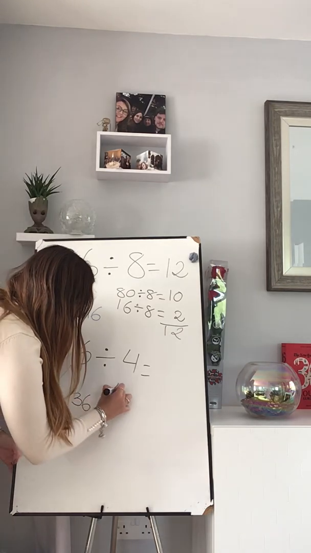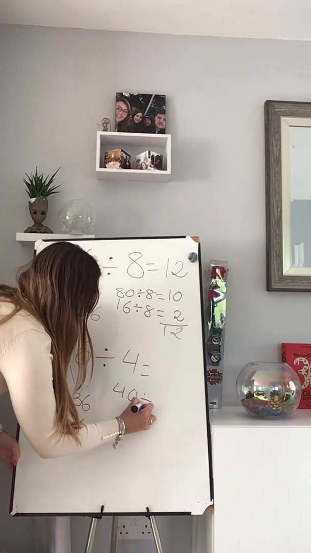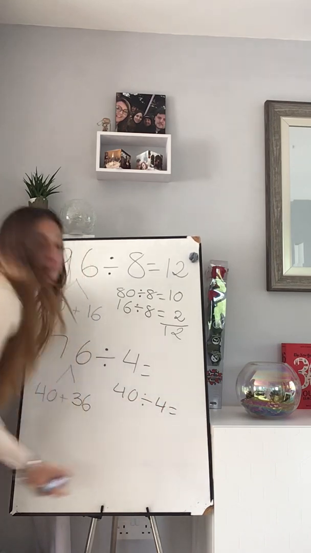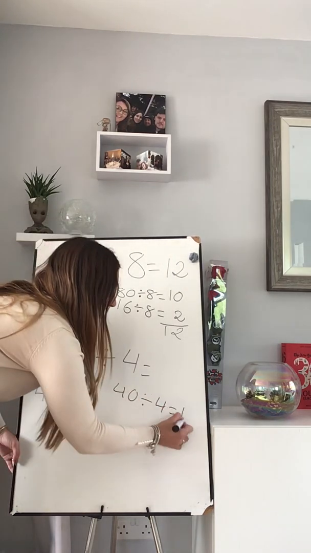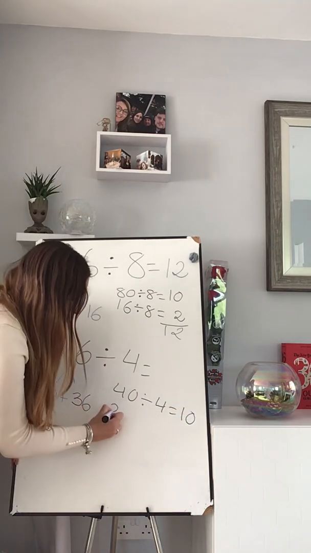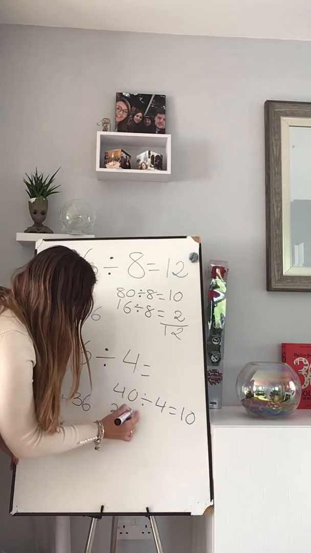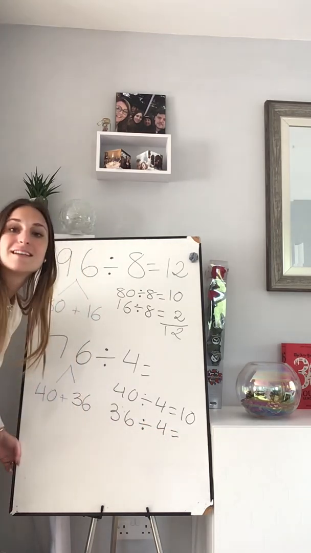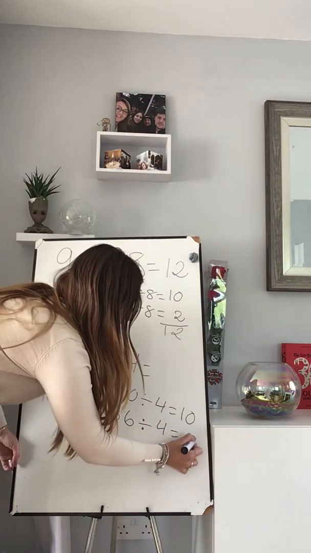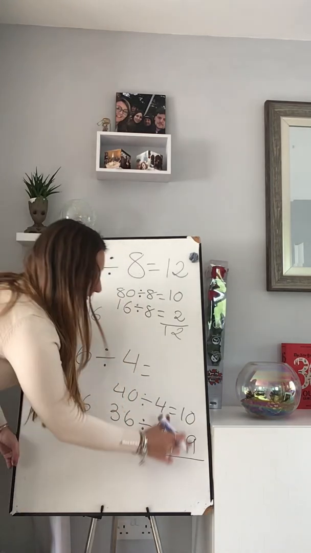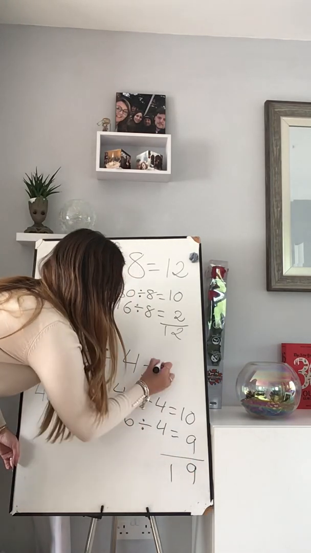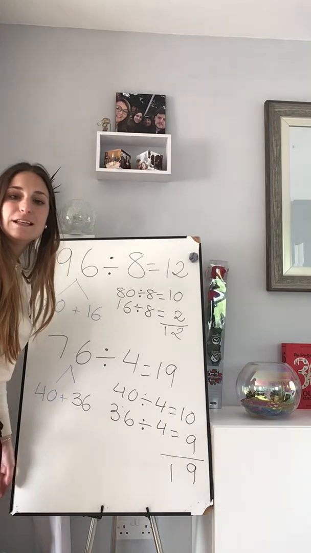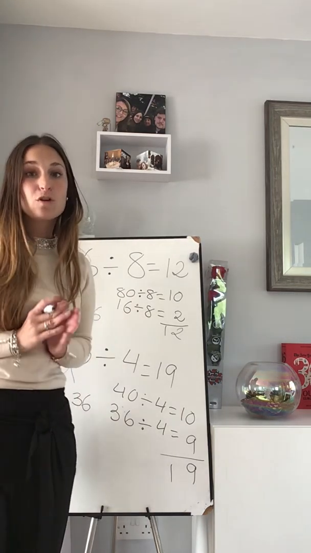Let's do the division then. 40 divided by 4 equals 10. And, ooh, tricky one, 36 divided by 4 equals 9. Well done. Okay, and the answer is 19. Brilliant.